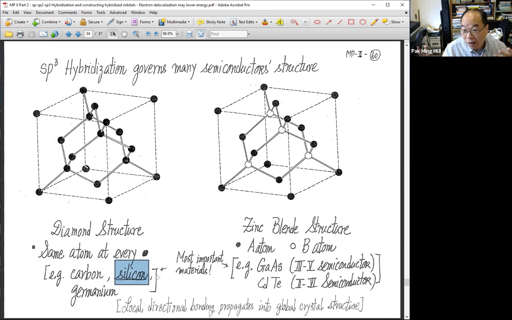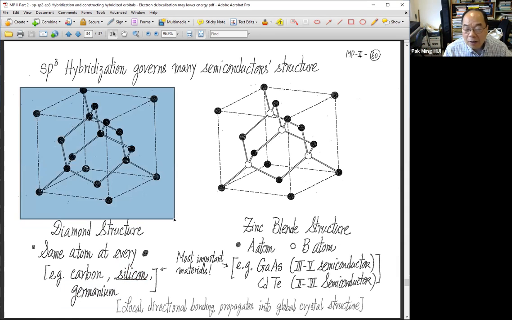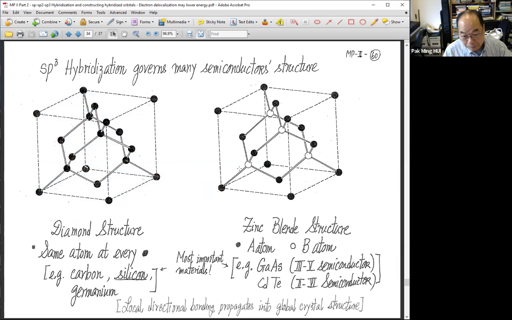And you know, every company, Apple, even the car industry, because there are a lot of computer chips in one car now, they have to cut their production. Also, germanium is an important semiconductor. They all take on this diamond structure. The basic idea is sp3 hybridized orbitals bonding each other.